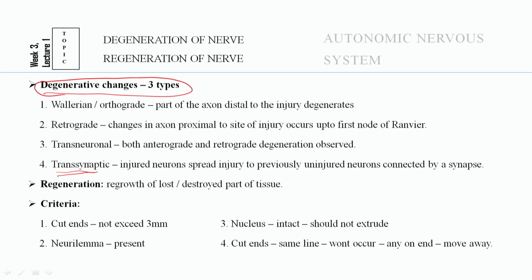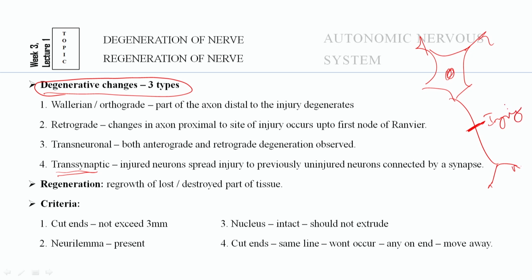So the first one is called Wallerian or orthograde degeneration. This is the neuron, this is the soma, this is the axon, this is the axon terminal, and these are the dendrites. Here, for example, there is an injury.